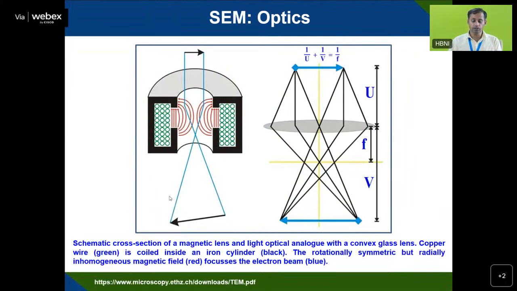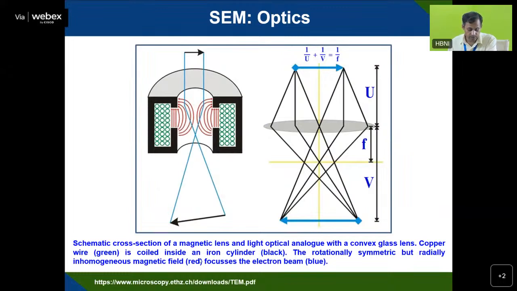If you see the optics of the scanning microscope, like a conventional microscope, you have magnetic lenses. Here is a schematic cross section of a magnetic lens, analogous to a convex glass lens in light optics.